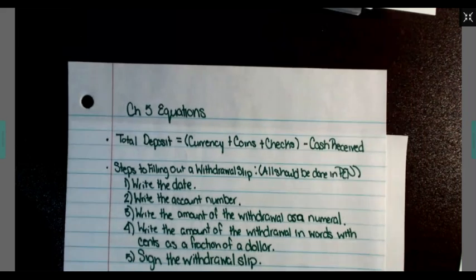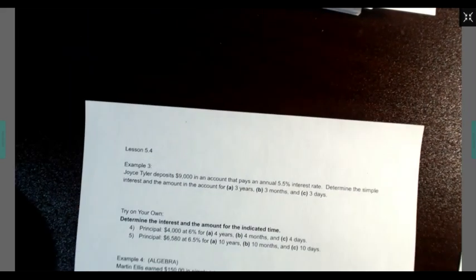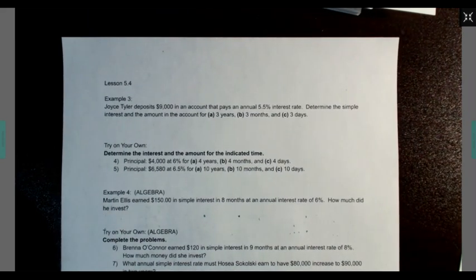Let's go ahead and take a look at example number 3. Example 3 says, Joyce Tyler deposits $9,000 into an account that pays an annual 5.5% interest rate. Determine the simple interest in the amount in the account for 3 years, 3 months, and 3 days.